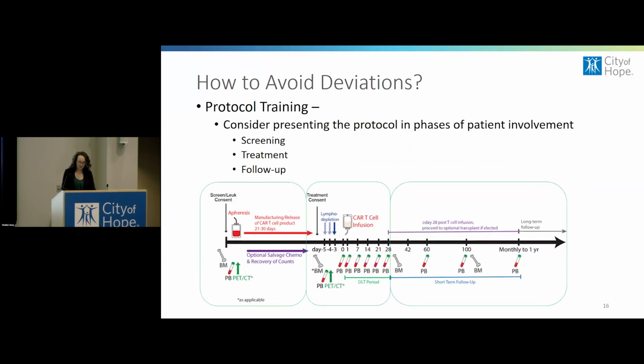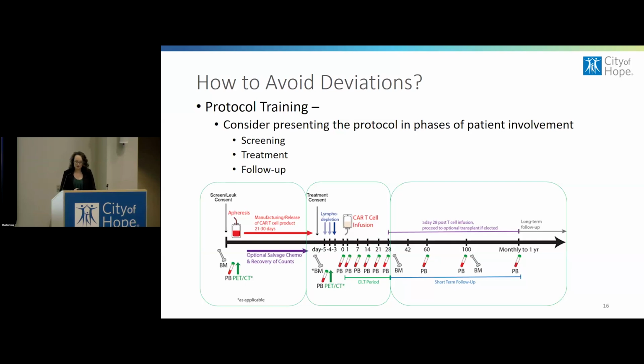Okay. So in terms of the training, if we get back to how you as nurses avoid deviations: ongoing, we have training. One way is to either create schemas or reference the schemas that are in the protocols, just to compartmentalize the different phases of the studies, whether it be for the patient's understanding or for the support staff.